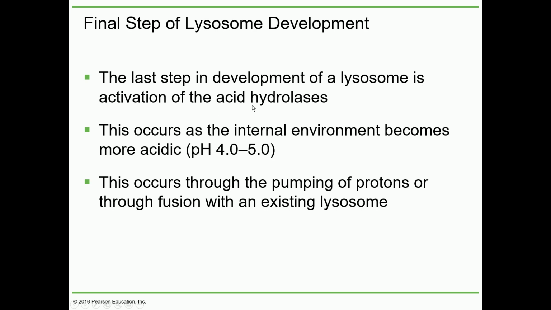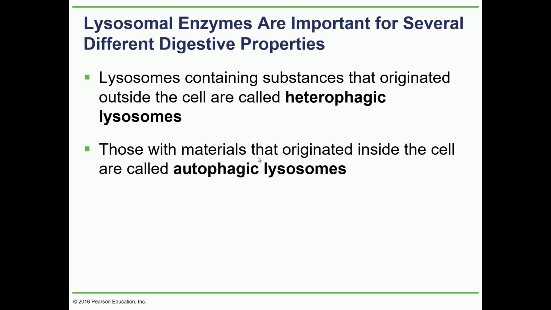The last step in the development of the lysosome is the activation of the acid hydrolases, and this occurs because the pH becomes very acidic. It goes to 4 to 5, because of the pumping of protons, which I've already explained. When the pH becomes this low, the late endosome is converted into a lysosome, because now all the enzymes in these vesicles are going to be activated. All these are hydrolytic enzymes, and they are active in the acidic environment.